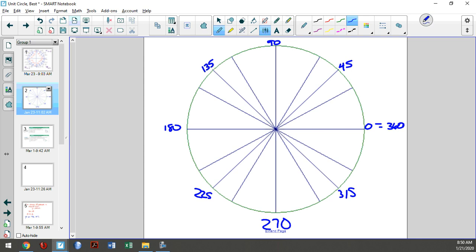Now, how did we get our other angles in quadrant 1? We took 90 and divided by 3. So what is 90 divided by 3? 30. Now we're going to go around the circle and add by 30 degrees. So 30 plus 30 is?